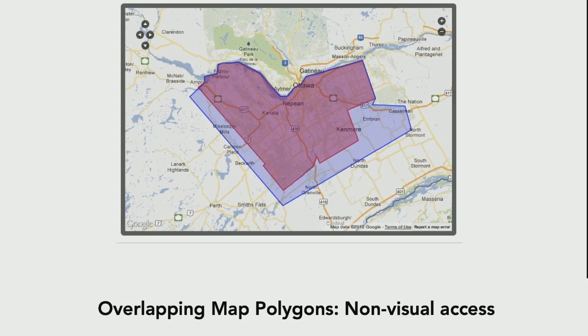We started throwing out some ideas. And so one of the ideas was we could have a text-based description of each of the polygons. And so something reasonable might be something like this. The city of Ottawa is bounded to the north by the Ottawa River. The boundary extends to the west 73 kilometers to Arnprior. Not 73 kilometers, so I should convert that into miles for you.